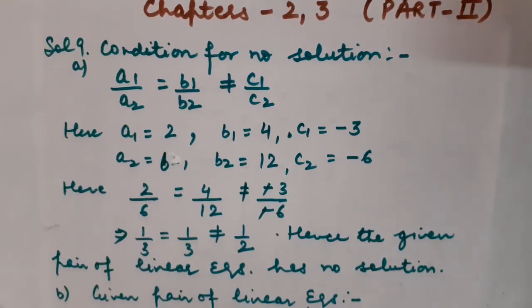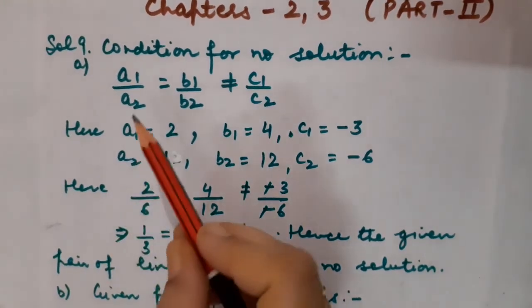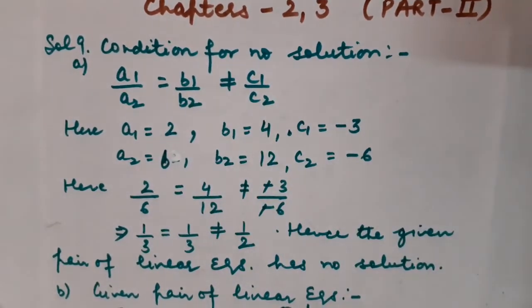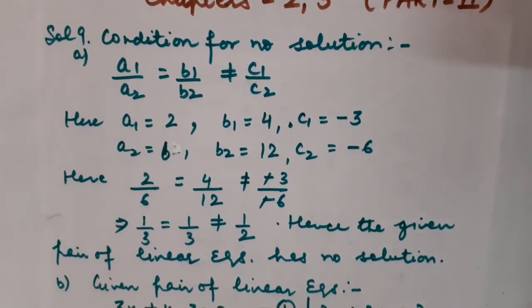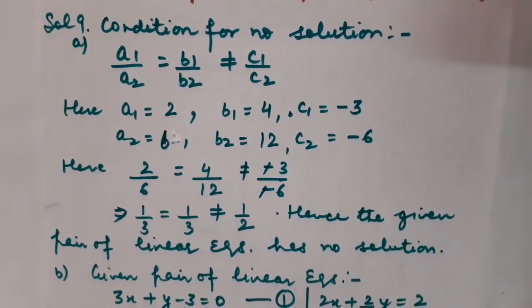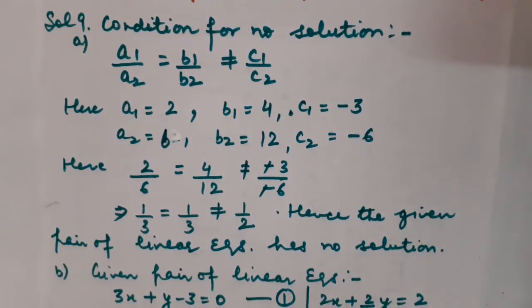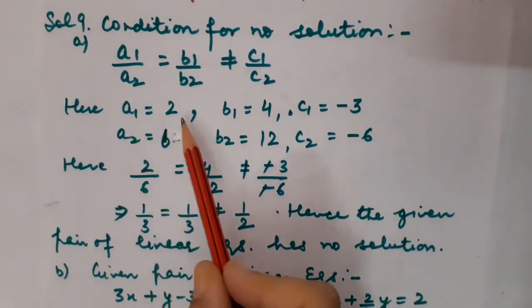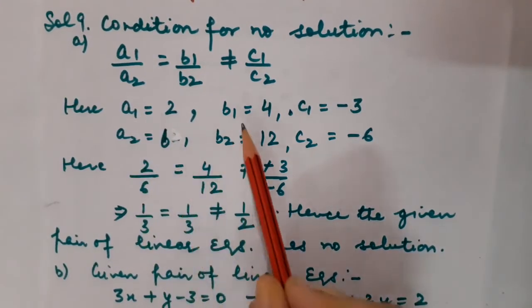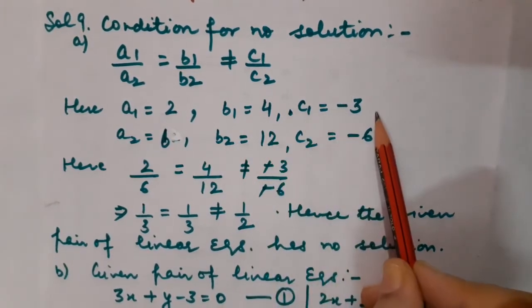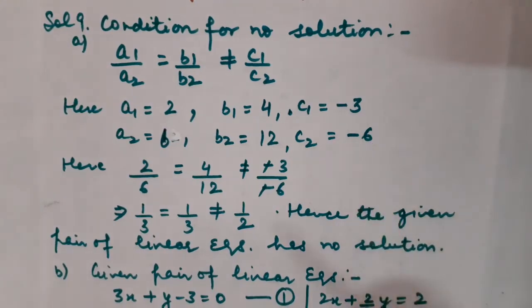Children, everyone is aware with the condition of no solution that a1 upon a2 is equal to b1 upon b2 but not equal to c1 upon c2. So when the given equations are compared with the generalized form of a pair of linear equation, that is a1x plus b1y plus c1 is equal to 0, a2x plus b2y plus c2 is equal to 0, I have got a1 is equal to 2, a2 is equal to 6, b1 is equal to 4, b2 is equal to 12, c1 is equal to minus 3 and c2 is equal to minus 6.